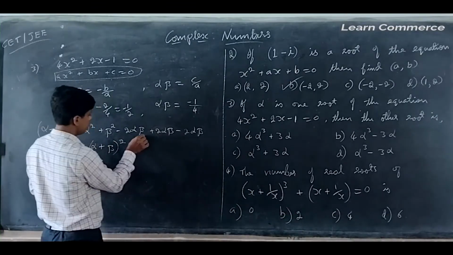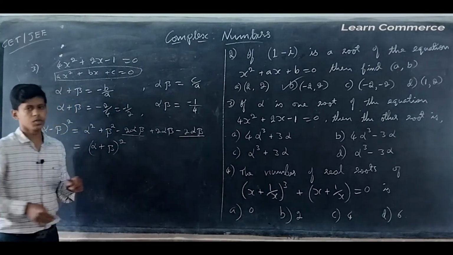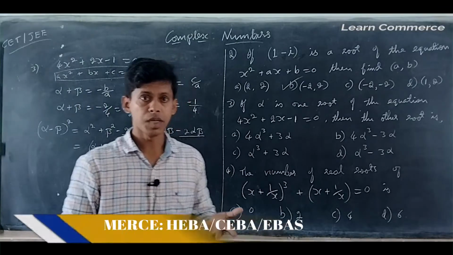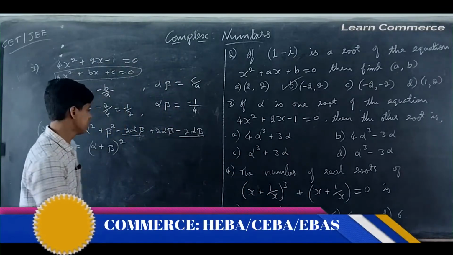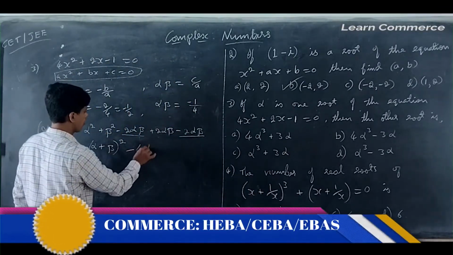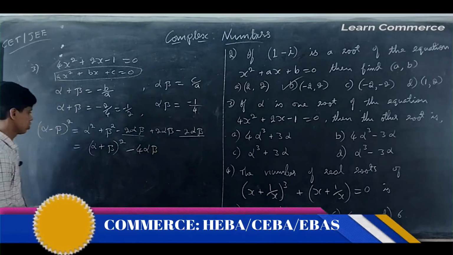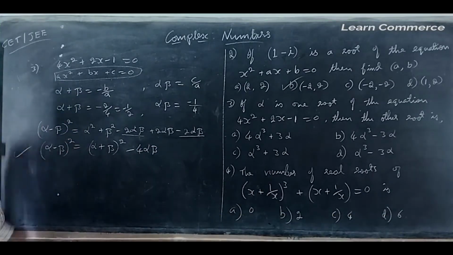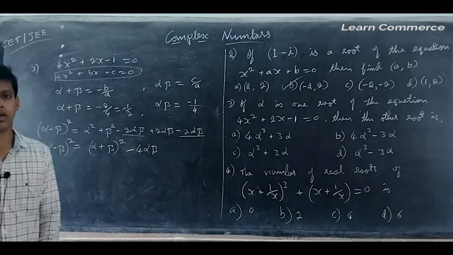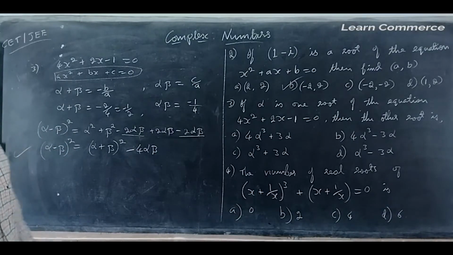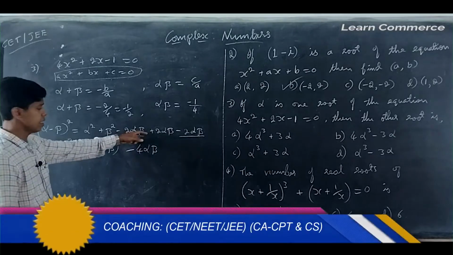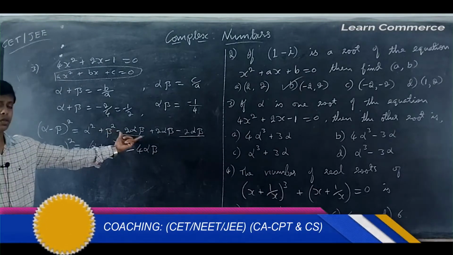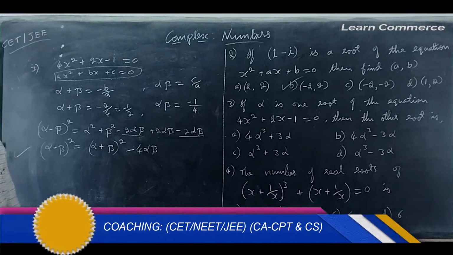Then minus 2 alpha beta and minus 2 alpha beta is totally minus 4 alpha beta. So this is a formula, remember this, or remember the way how to get it, even that is fine.